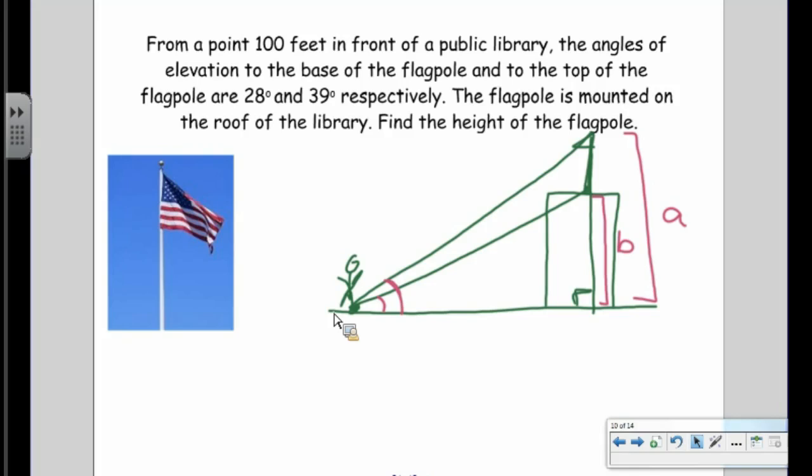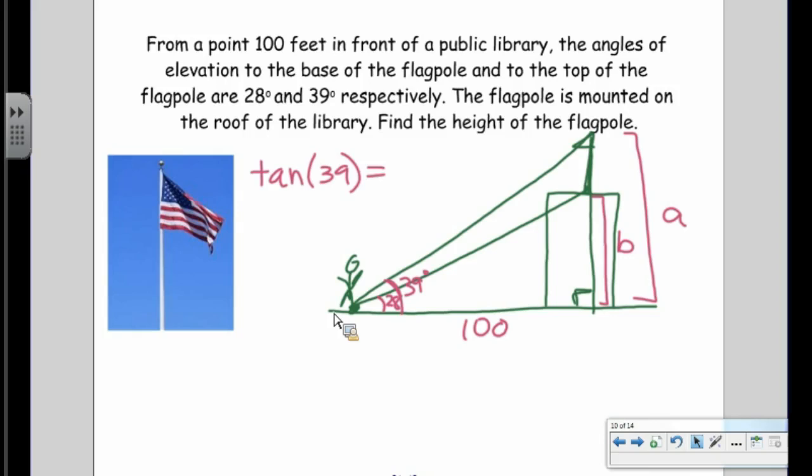So the angles are, let's see, this one is 28, and this large one is 39. We are 100 feet away, so this is 100. Both of these are going to be tangent. So the tan of 39 equals, opposite would be A over adjacent.